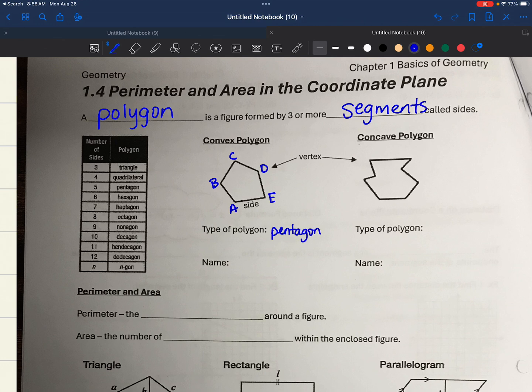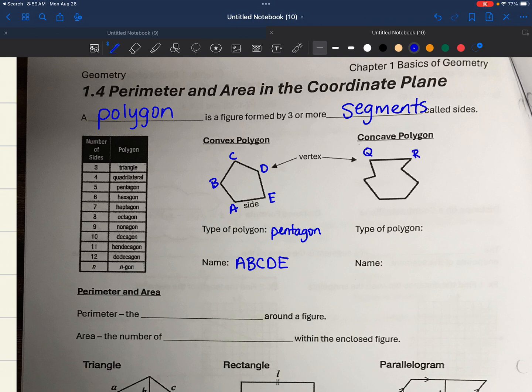And how would we name this based off each side? Similar to how we named a triangle, we call it ABC. So this we would call what? We can name all of them. A, B, C, D, E. So we would just say it's pentagon A, B, C, D, E.